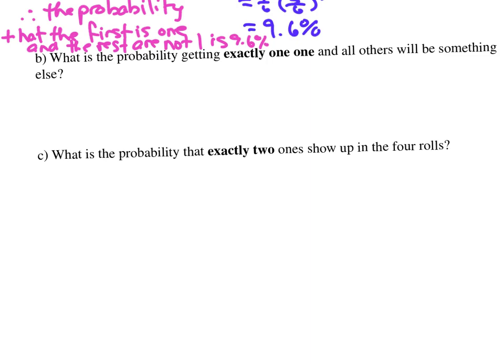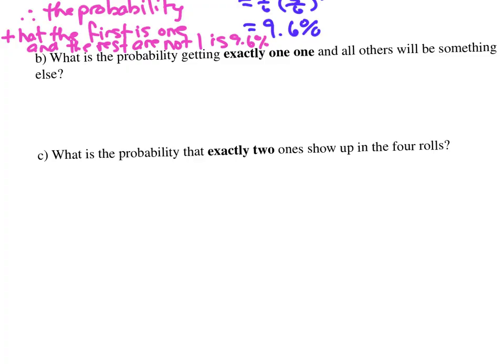So I have 4 opportunities to have 1/6, and the rest are 5/6, or it's 4 choose 1 times (1/6)^1 times (5/6)^3, which gives me a 38.6% chance of having exactly one 1 in 4 rolls.